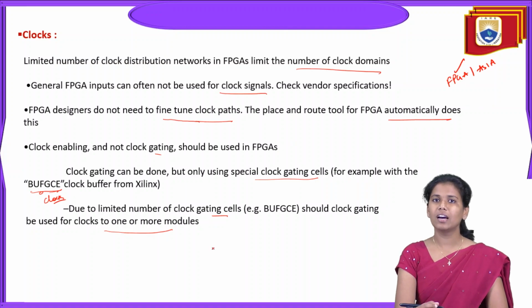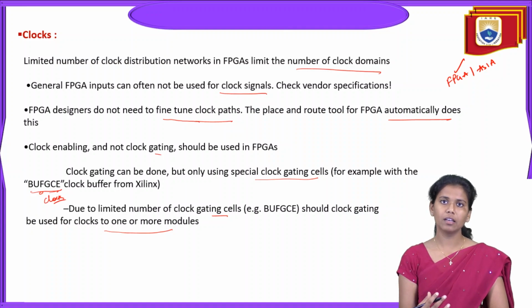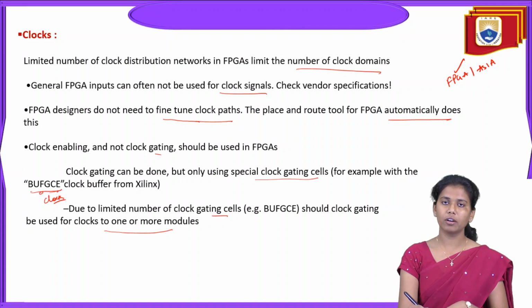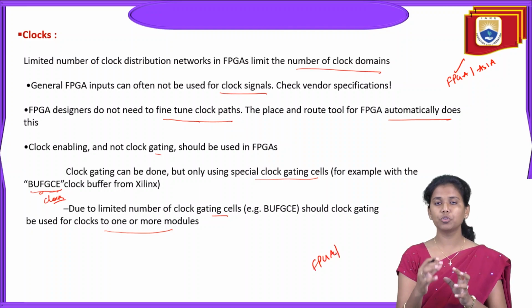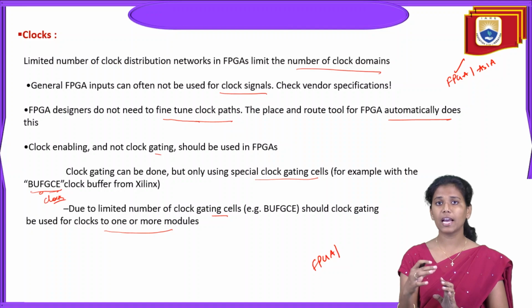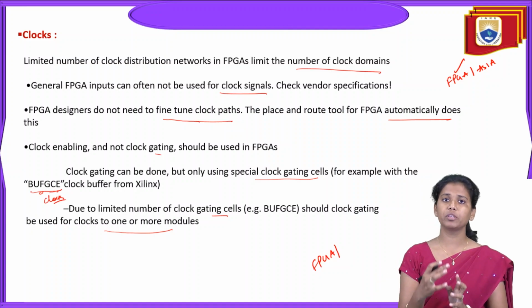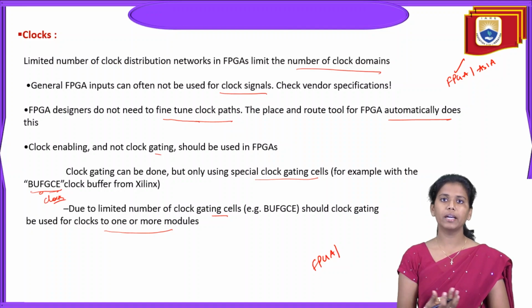So these are the few problems. Right from the starting till the end, we have observed one thing: if you want to design your product in FPGA, it is more convenient to design it in FPGA rather than ASIC. Why? Because FPGA has more advantages compared with ASIC.